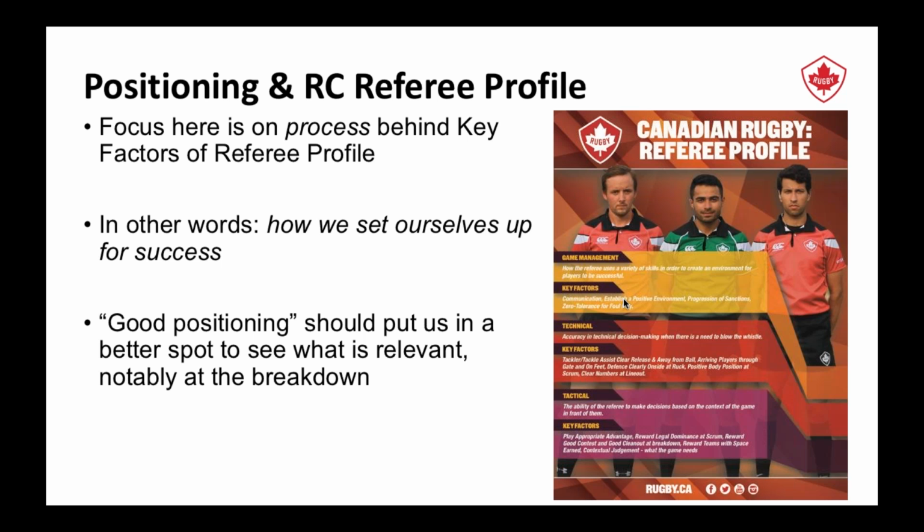You don't always have to be in the exact same spots all the time after the ball's been won. It's a matter of how the game dictates where we need to go. So we'll take a look at trying to implement some of that philosophy around our positioning when we look at some examples.